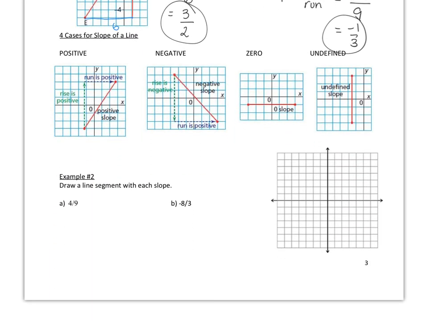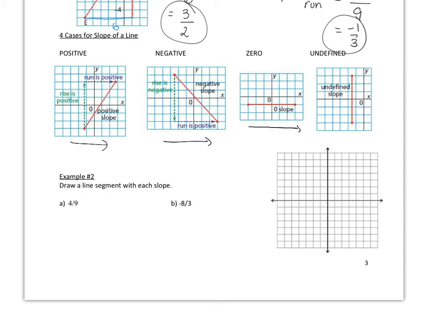So we have 4 cases for the slope of a line. It can be positive, so up and to the right, where both the rise and the run is positive. It can be negative, where the rise is negative that we just saw, and the run is positive. Again, we're always measuring or counting from left to right across our points.